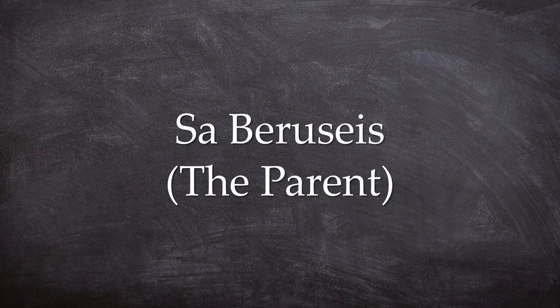Now let's put a noun which is going to associate with the verb giban. We're gonna put it into the plural. This is the word for parent, berusis, which is an A stem. It's an A stem masculine noun.